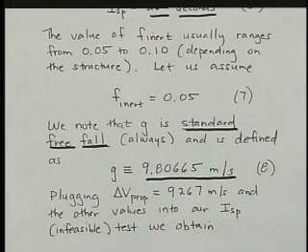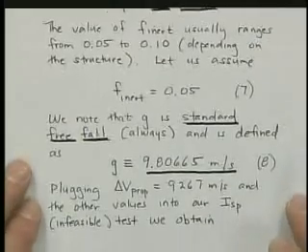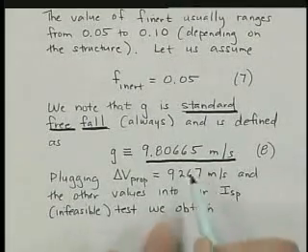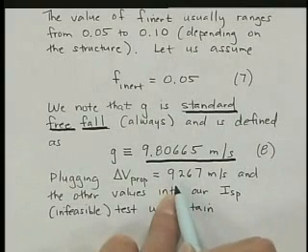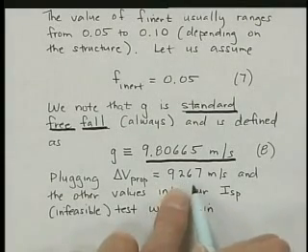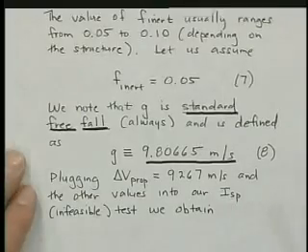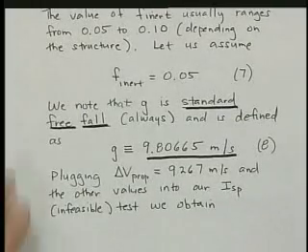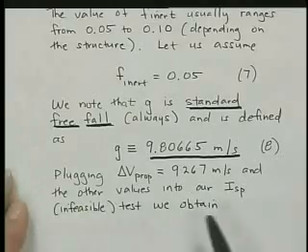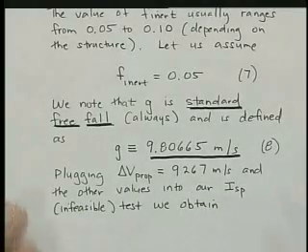And that should be used in all of your propellant mass calculations. Now, if we plug into our equation that the delta V required of the propulsion system was 9,267 meters per second, and that was what we had in the budget that we showed earlier, and putting in our other values into the infeasible test, we obtain the following.